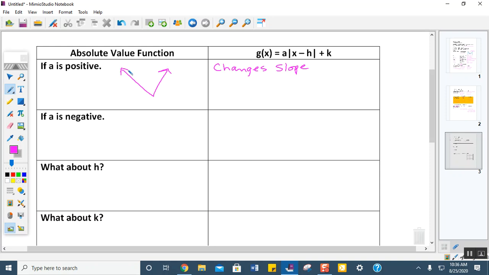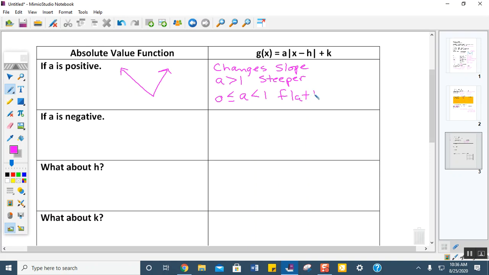Okay? Now, if a is greater than 1, the slope will be steeper. And if a is between 0 and 1, it's going to flatten out a little bit.